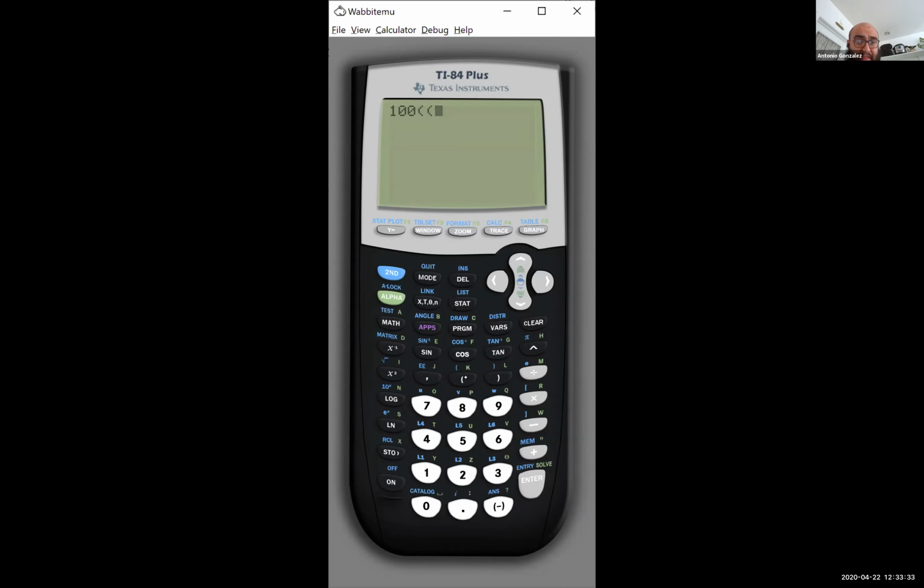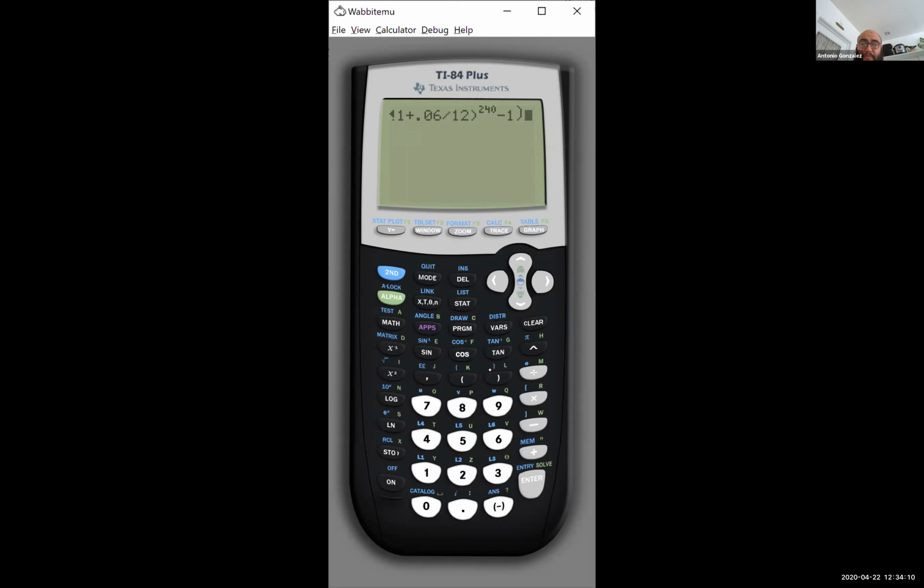And inside the first one, 1 plus 0.06 over 12. Raise that to an exponent, 240, 20 times 12, 240. Now let me get out of the exponent by just hitting the right arrow, and then minus 1, and then close that second set of parentheses.